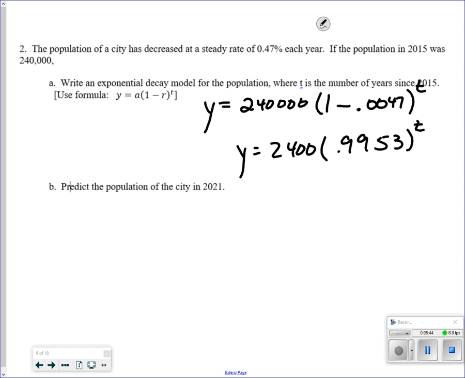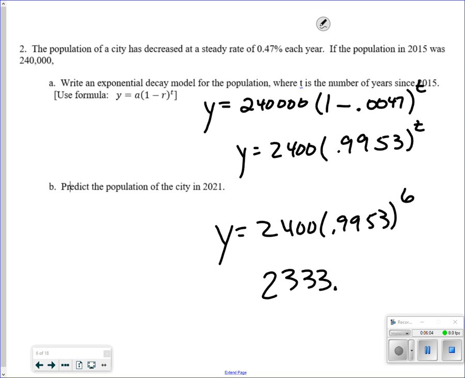Be careful. It started off in 2015. So now we're really only talking about putting in a 6 for t. So now pull out your calculator, 2400, 0.9953 raised to the 6th power. Hold on a second, not sure why I did that. It's not 2,400, it's 240,000.